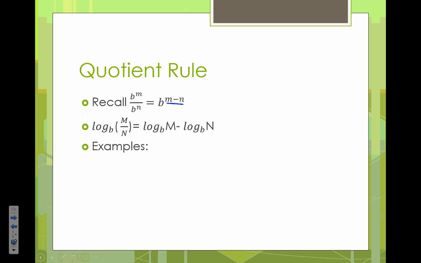So some examples of that, if I have the log of 19 over x, notice I didn't write a base with that log. When we don't write the base, we're assuming the base of 10, and that's actually called the common logarithm. So log base 10 of 19 over x, because those are dividing, I can turn that into subtraction. That gives me the log of 19 minus the log of x.